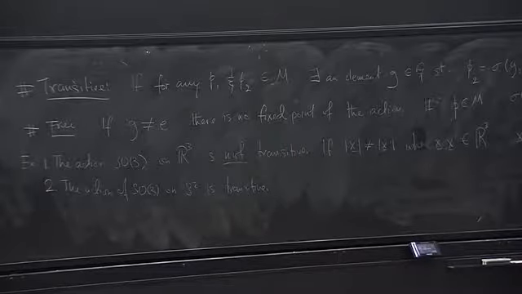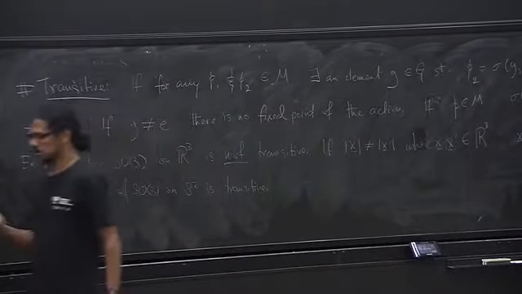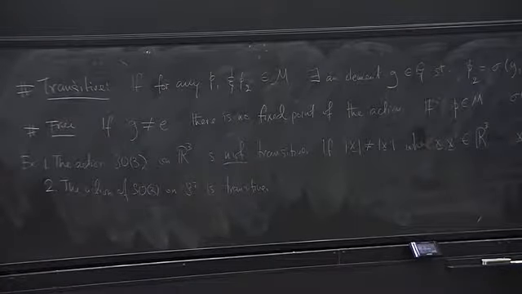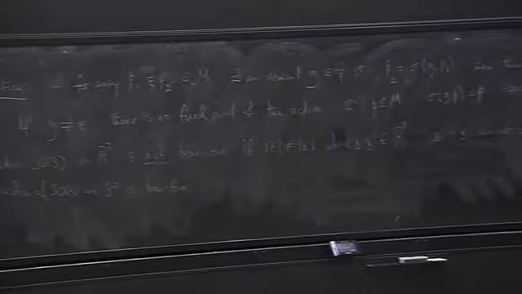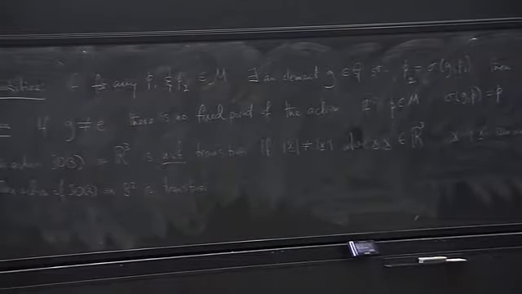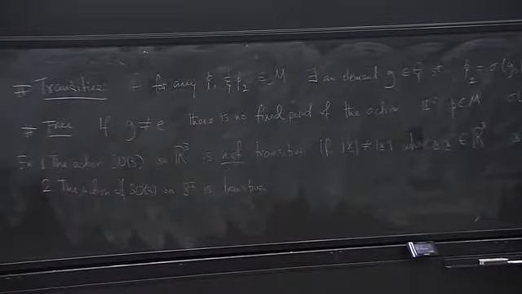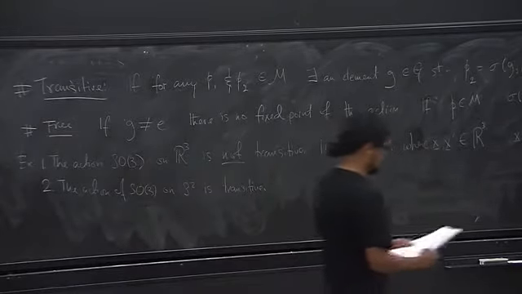However, we know that this action is not going to be free, because we know that, for example, rotation around the z-axis will leave the North Pole and the South Pole invariant, right? So there are some group actions which will leave some of the points invariant. So it's not a free action, and we'll come back to that.